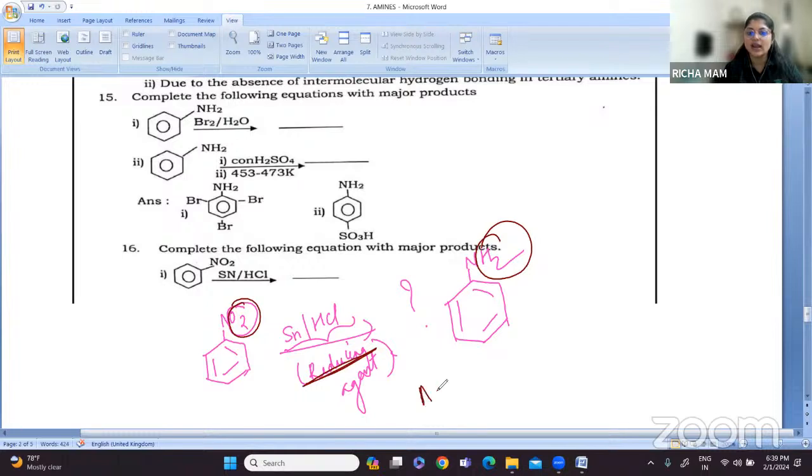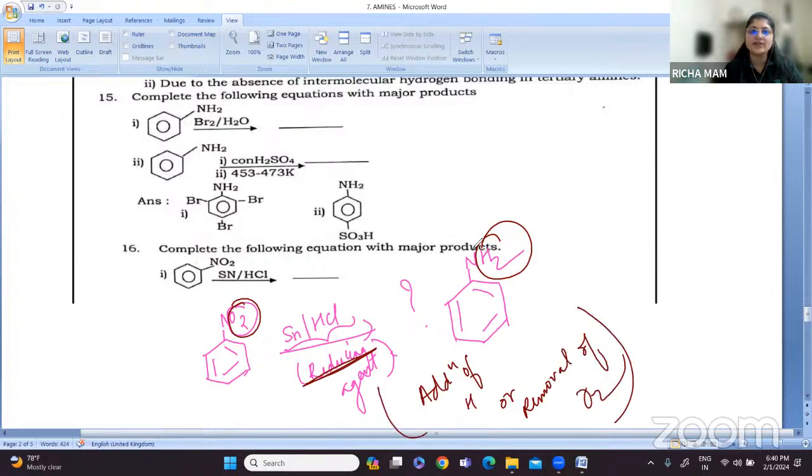What is reduction? Addition of hydrogen or removal of oxygen. So we are removing the oxygen and adding the hydrogen. The answer is aniline. Is it clear?